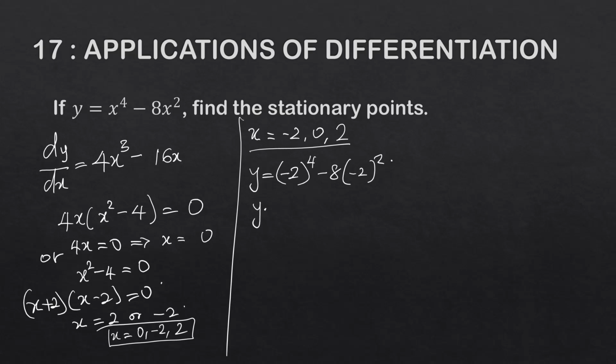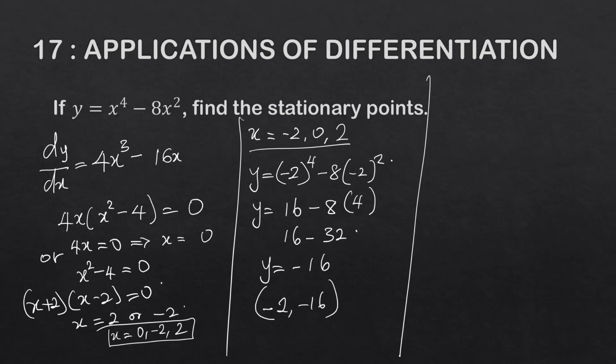So y is going to be equal to 16 minus 8 times bracket 4, so this is going to be 16 minus 32. Therefore, y is going to be minus 16. Therefore, the stationary point is minus 2, minus 16. This is the stationary point of the first one.